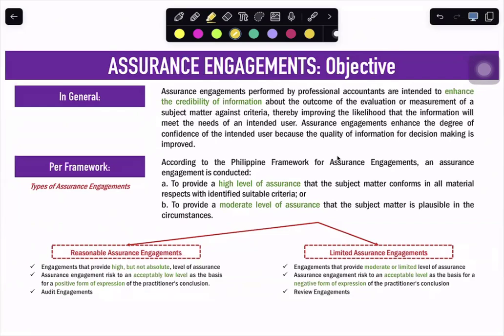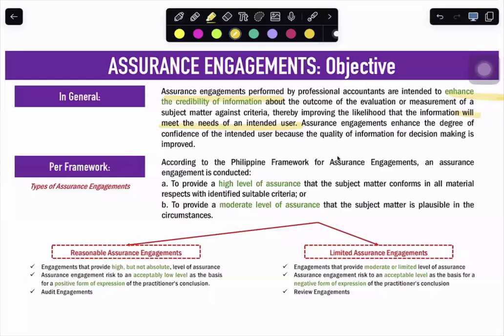So let's go back to what we are talking about. We're talking about your objective. So it enhances the credibility of information about the outcome of evaluation or measurement of a subject matter against a criteria, thereby improving the likelihood that the information will meet the needs of an intended user.